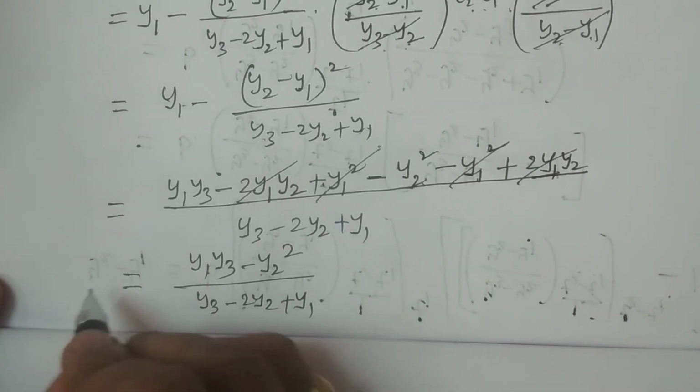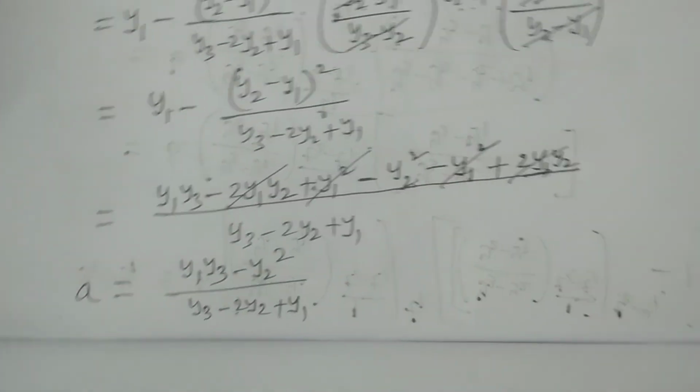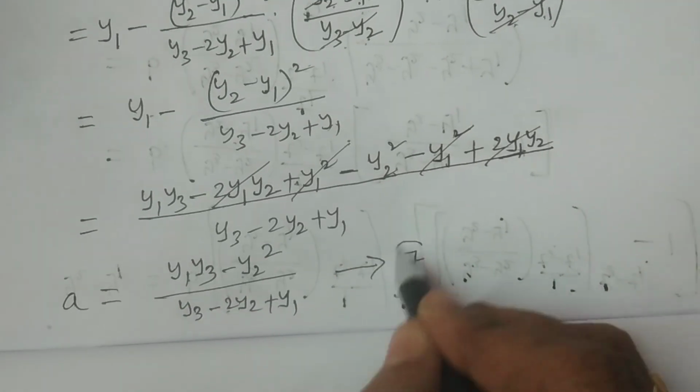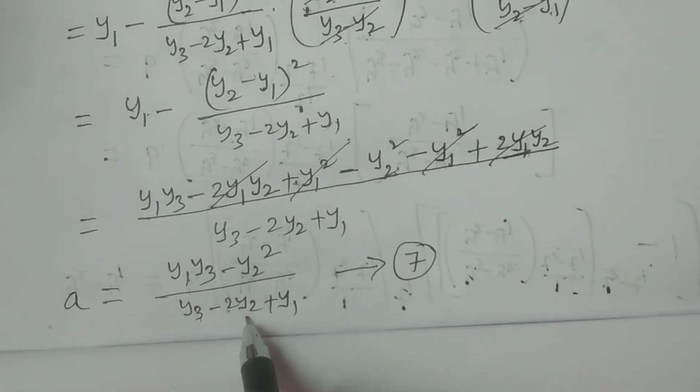What is this value? A. So the value of A is y1 y3 minus y2 square divided by y3 minus 2y2 plus y1.